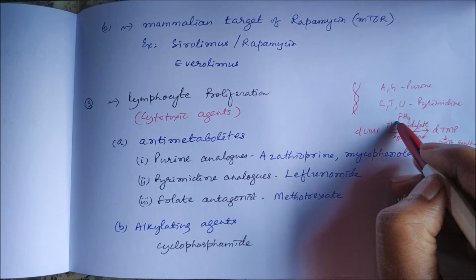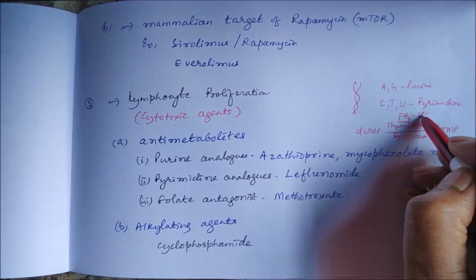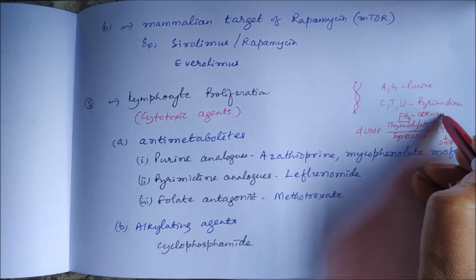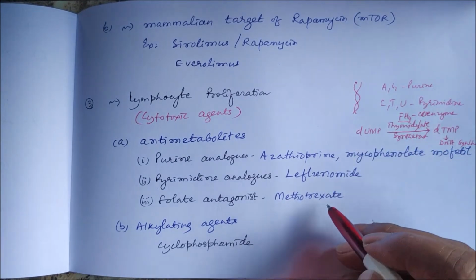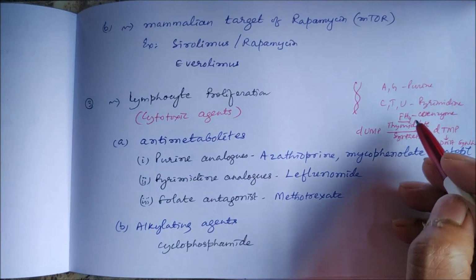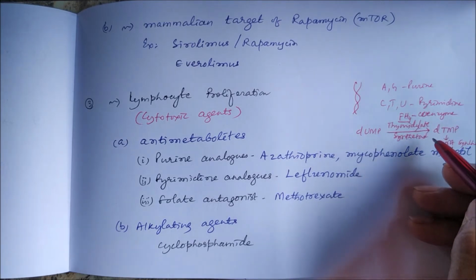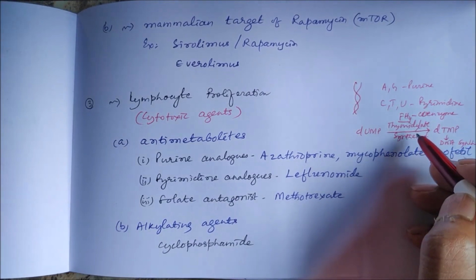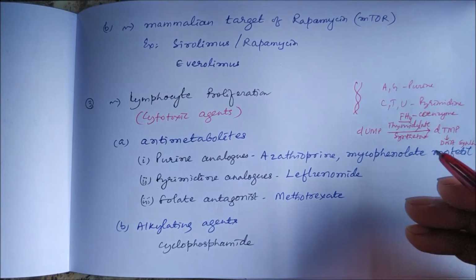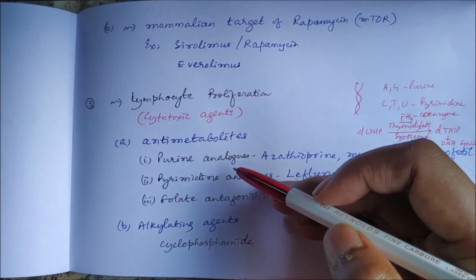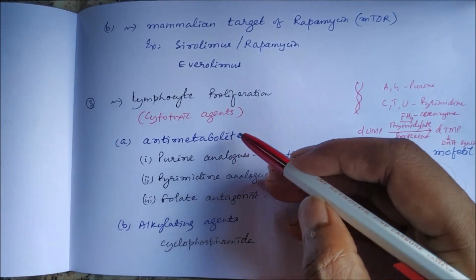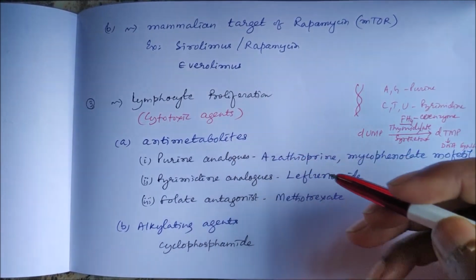So we can use the folate antagonist or folate analog, that is methotrexate, which will inhibit this step. So by inhibiting the DNA synthesis, they can act as cytotoxic agents, and they inhibit lymphocyte proliferation.